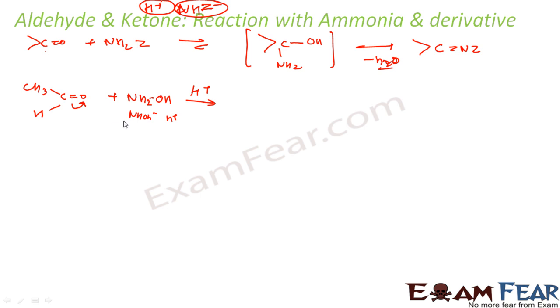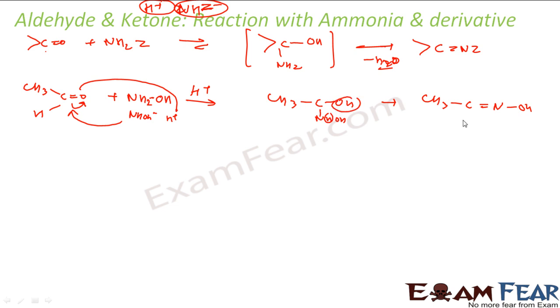Correct? So NHOH minus will attack this, and H plus will attack this. With this, it will form NHOH, and from here you'll remove water and form CH3CH double bond NOH. Here you'll get a double bond, and the OH was there; this H and this OH will go off. This is the reaction mechanism.